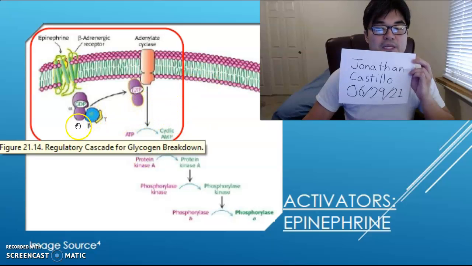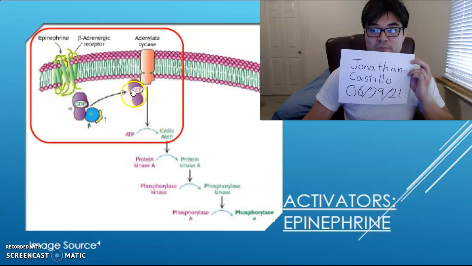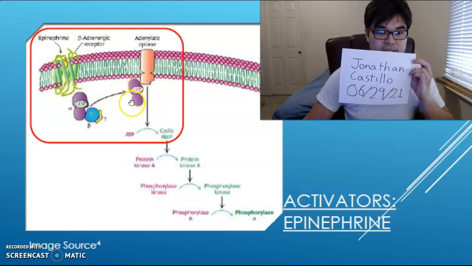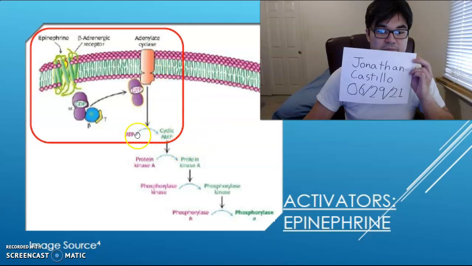A GTP is switched for the GDP on the alpha subunit, which is then detached from the G protein complex. This alpha subunit and GTP then activates the enzyme adenylyl cyclase, which synthesizes cyclic AMP.